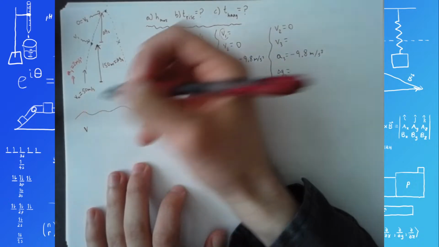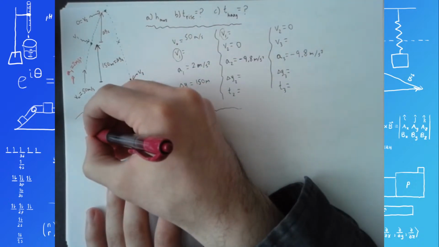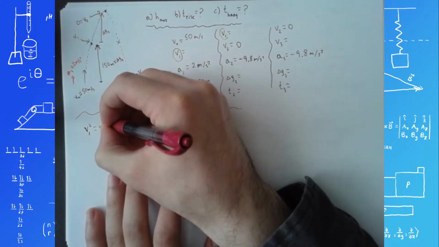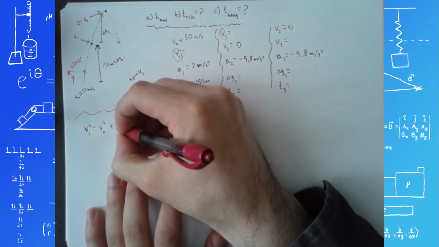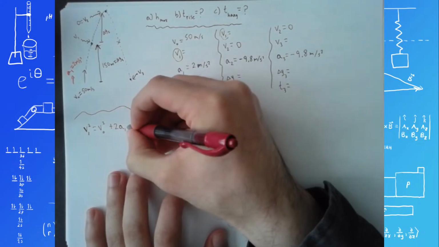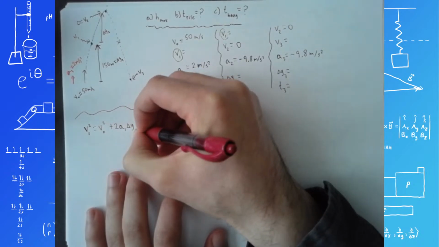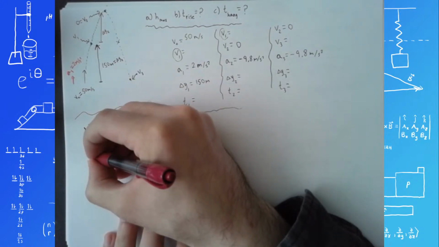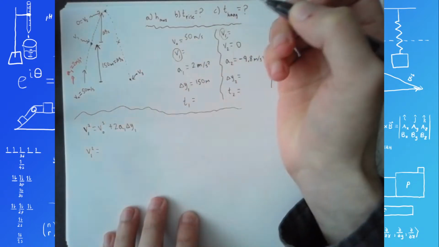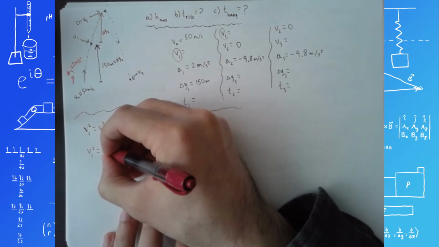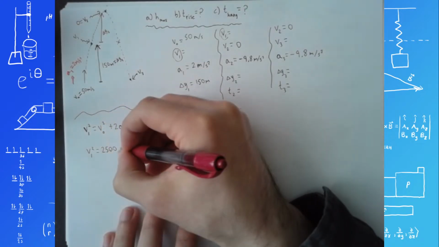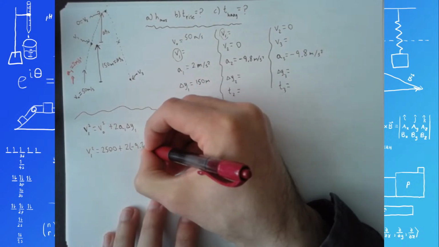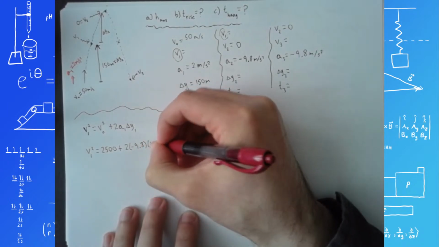So v1 squared, that would be the next velocity, equals the previous velocity squared, plus 2 times the acceleration for that phase times the displacement for that phase. v1 squared, we do not know what it is yet, equals 50 squared is 2500, plus 2 times negative 9.8 times 150.